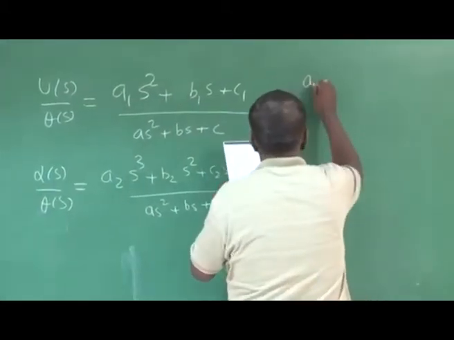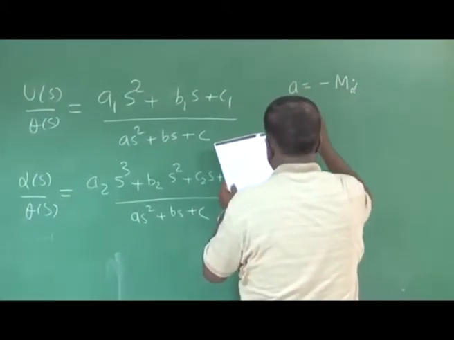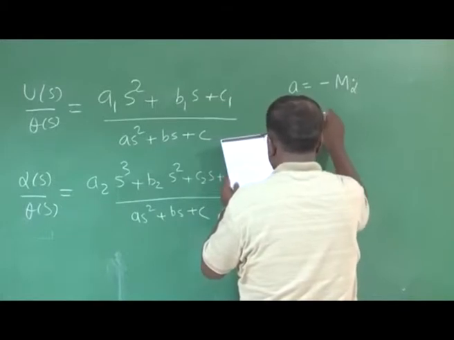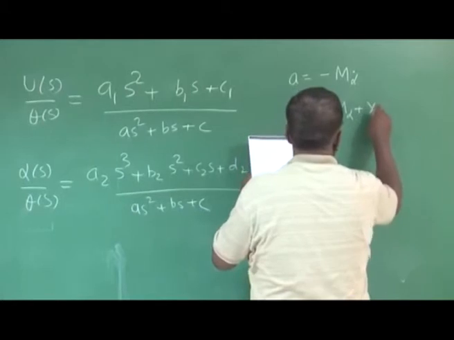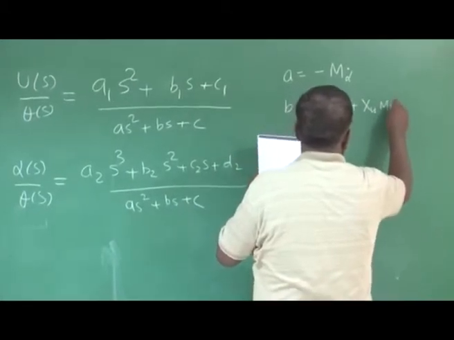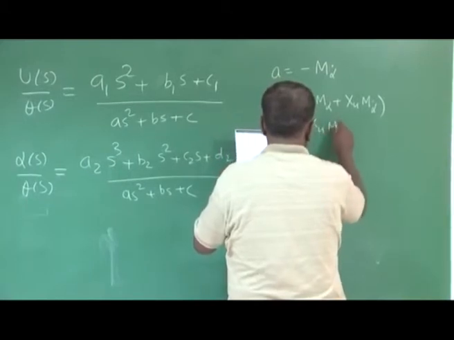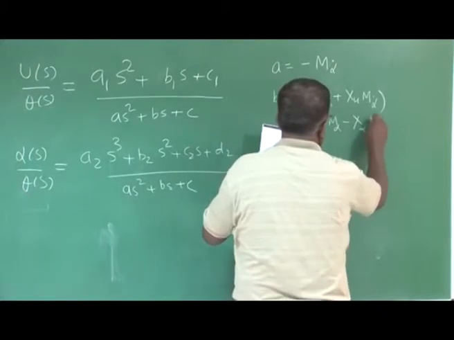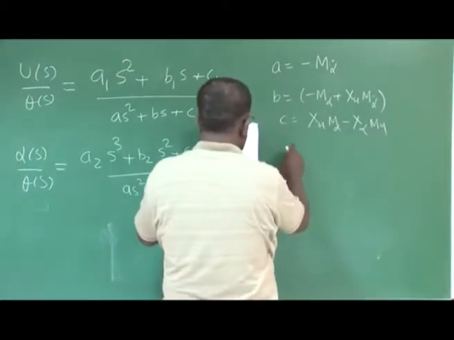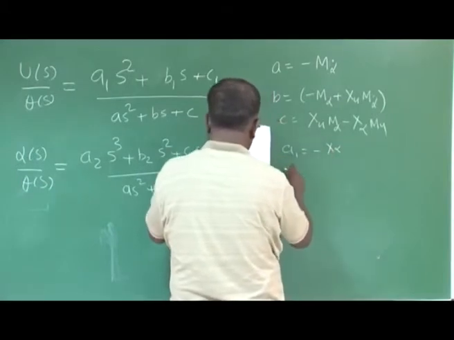A will be given as minus m alpha dot, B will be given as minus m alpha plus xu m alpha dot, C will be xu m alpha minus x alpha mu, and A1 will be minus x alpha.